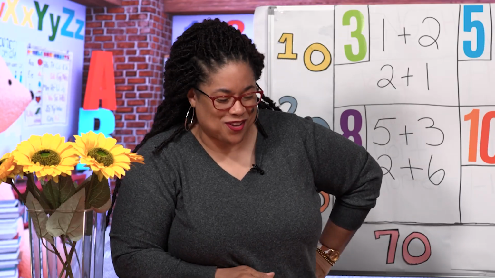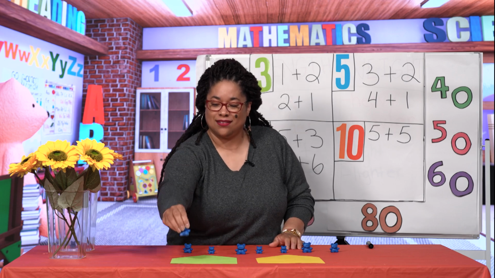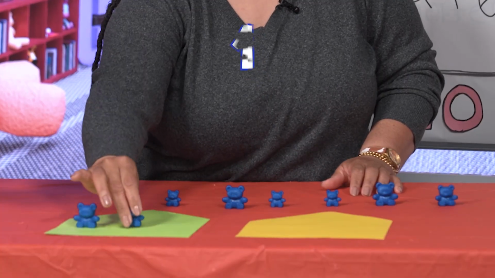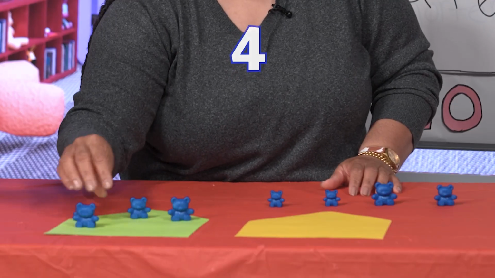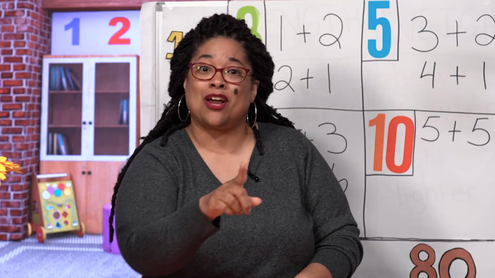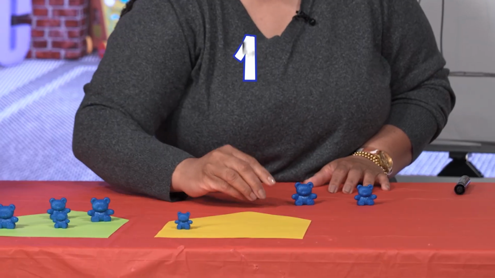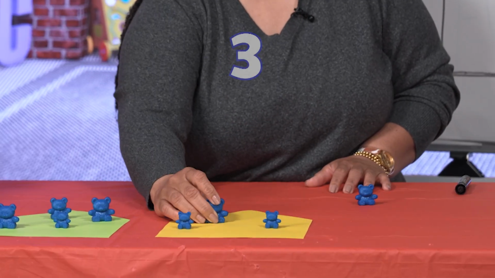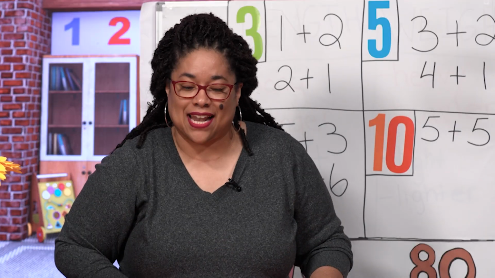Oh, I heard you. Very good. I heard the number 4. 1, 2, 3, 4. And that means there are 4 at this party too. 1, 2, 3, 4. And we still have 8.